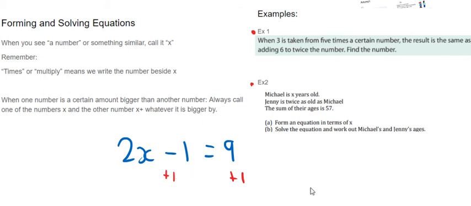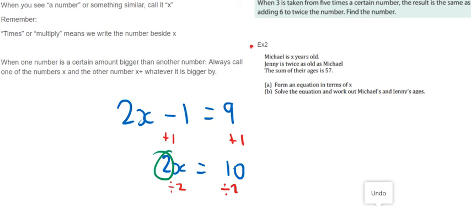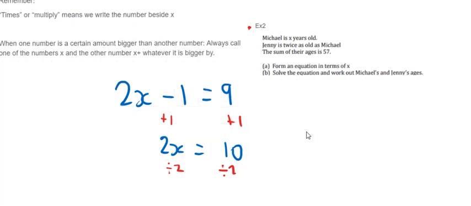Whichever way you've learned it, you should get 2x equals 10 here, and then you're dividing by 2 on both sides, or else you're moving over this 2, and because it's being multiplied by the x, it gets divided on the other side. So the final answer to that one would be x equals 5.